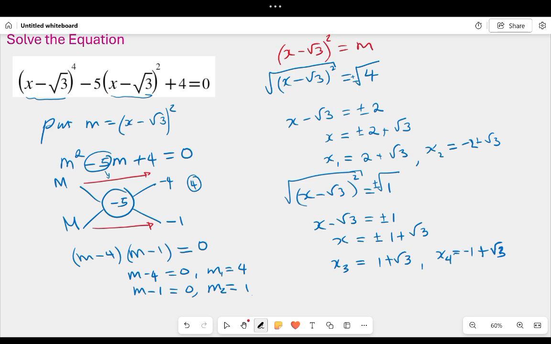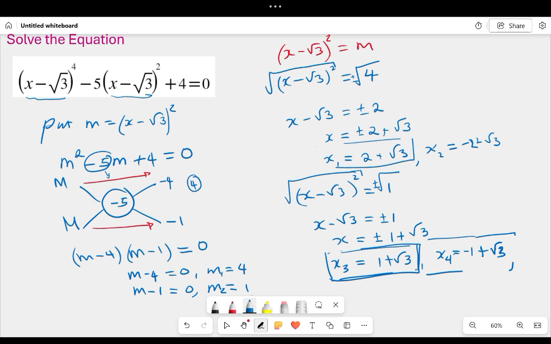All right, so these are the 4 solutions from the equation that we have tried to solve. So there are 4 solutions: this one, that one, this one, and that one.